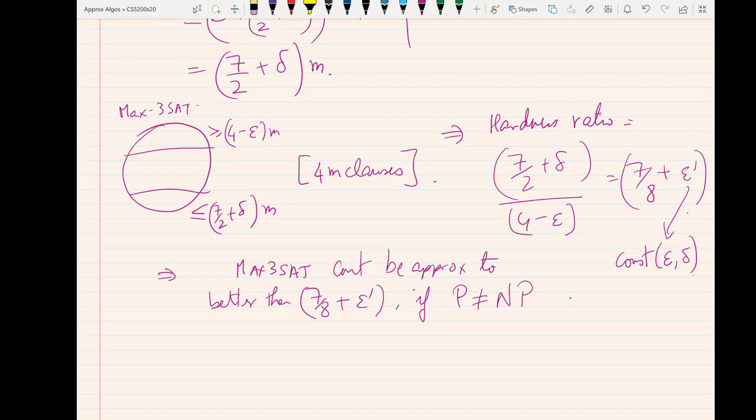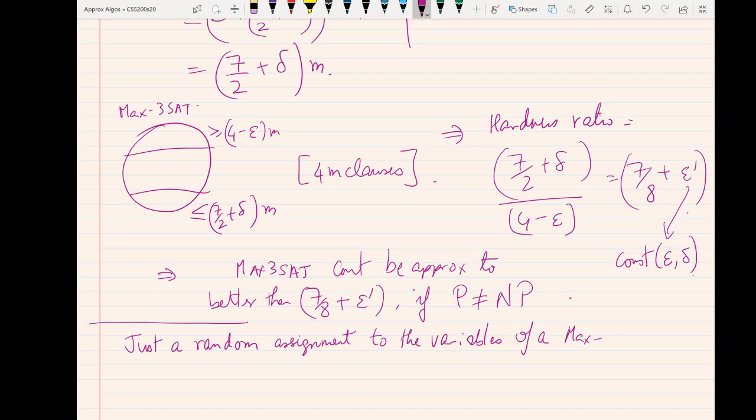Now it's worthwhile to note, and you might have guessed this already, that if just a random assignment, like we did in the max SAT question, if you specialize it to max 3 SAT, or exact 3 SAT, will satisfy 7 over 8 of the clauses in expectation.